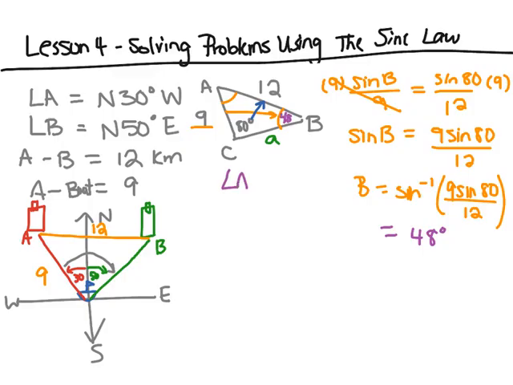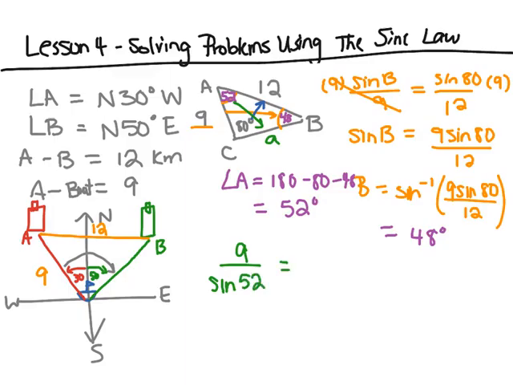To find angle A, we take 180 minus 80 minus 48, and you get 52 degrees. So now we know this angle. Using this angle, we are going to find side A. So A over sine of 52 is equal to, we already know the ratio between 12 and the sine of 80.